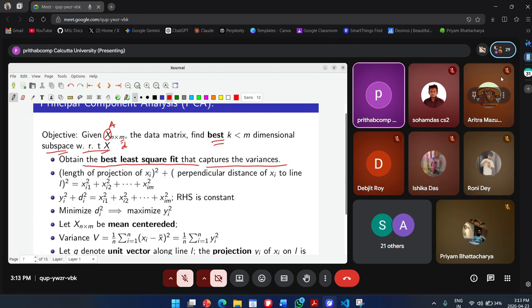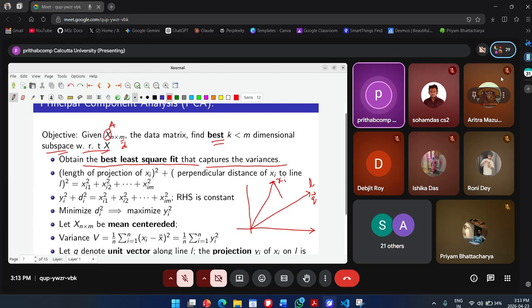Now look again at the figure which I have drawn earlier. This is your point, let's say xi, and this is the principal component vector that I'm looking for, which is a unit vector.